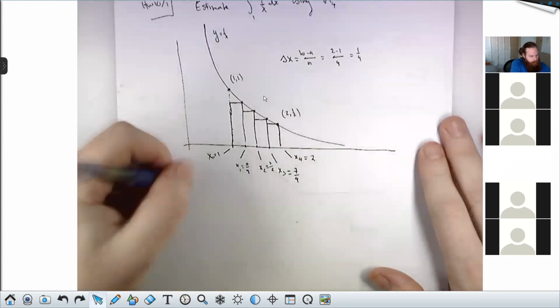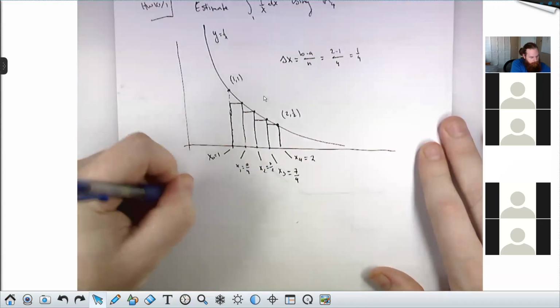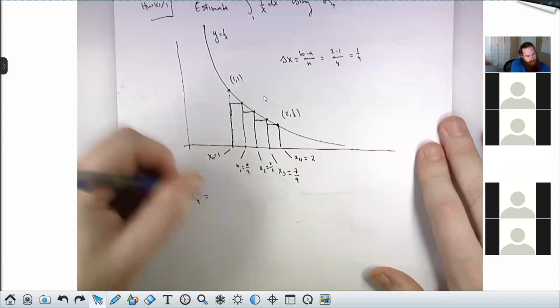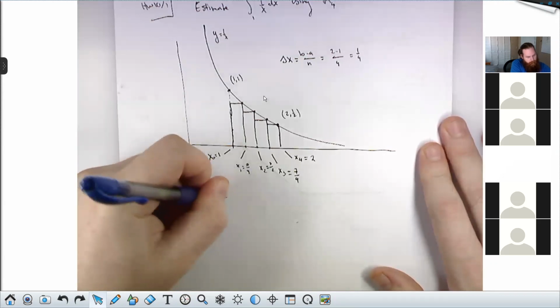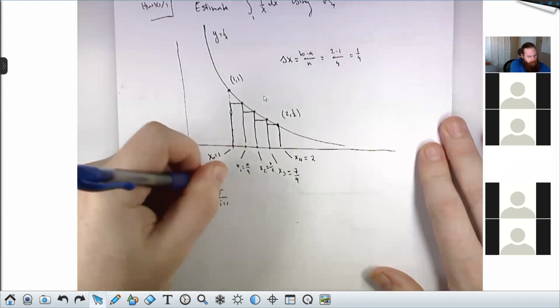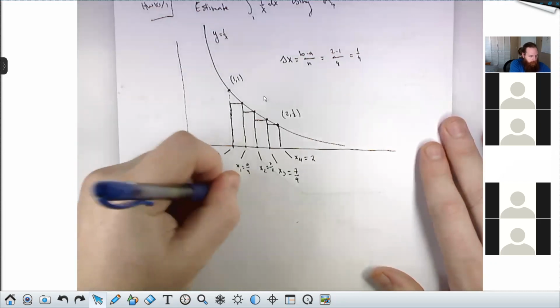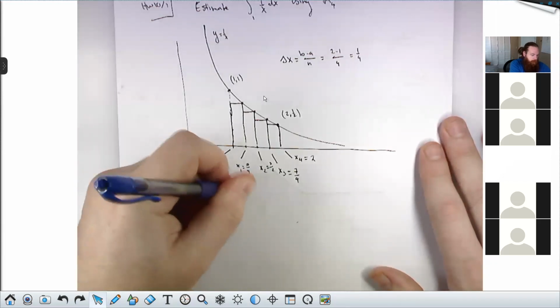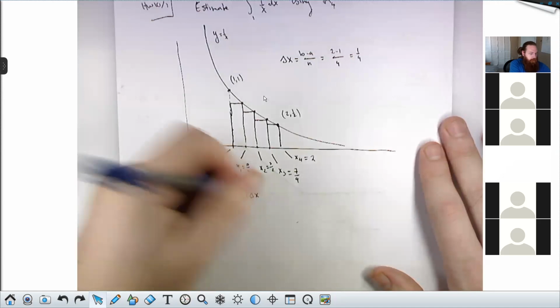So my Riemann sum, R4, is the sum from i equals 1 to 4, f of xi times delta x.